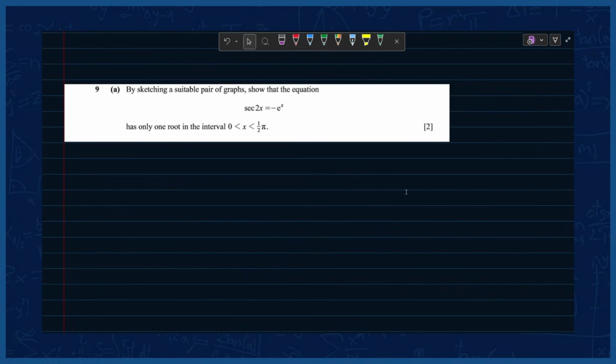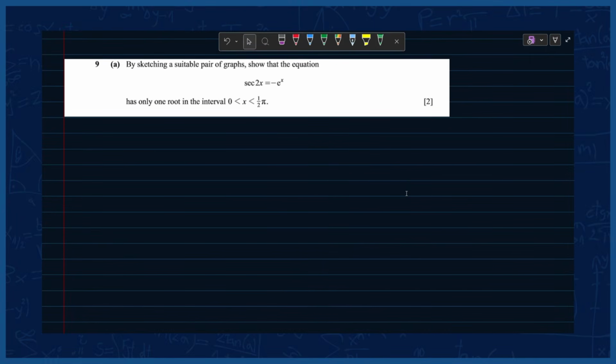So I saw a fancy solution where you can take this sec 2x, right, and write it as 1 over cos 2x, and this is equal to negative e to the x. Okay, and now what you can do is multiply both sides by cos 2x, so you get 1 is equal to negative e to the x cos 2x, and then divide both sides by negative e to the x.